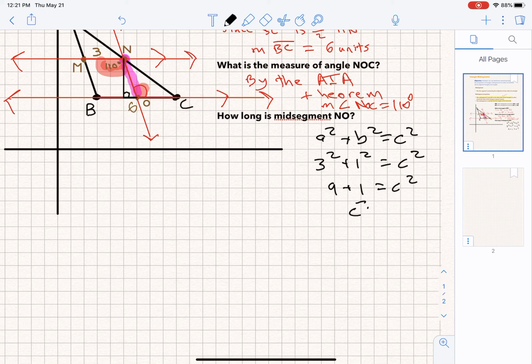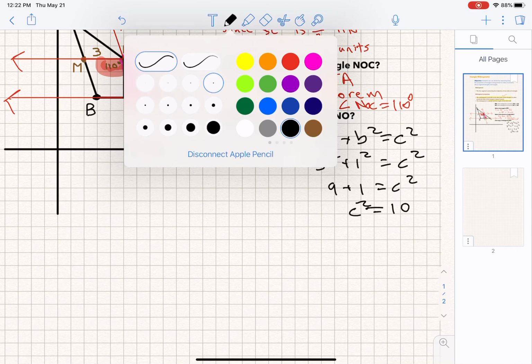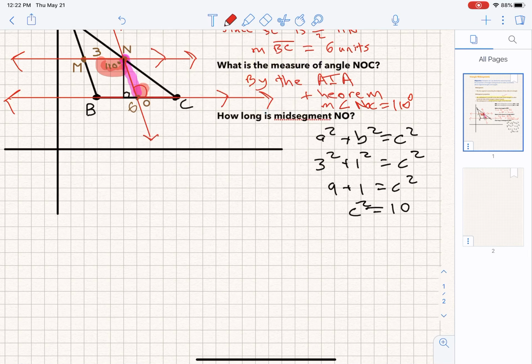C squared equals 10, and C, go back to red here, is actually segment NO, right? So NO is going to equal the square root of 10. A little better radical sign there.